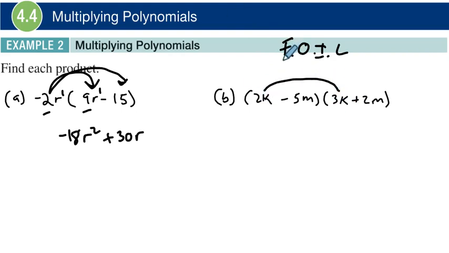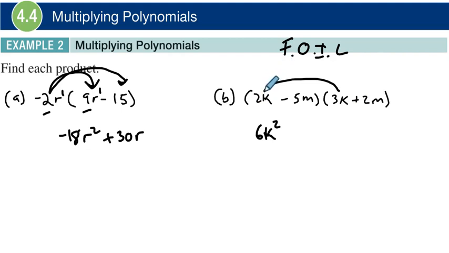FOIL, F for first. So 2k times 3k is 6k squared. And then the outside terms. So this is my outside, and that's my outside. Yes, this 2k is considered the first term, and it's also the outside.